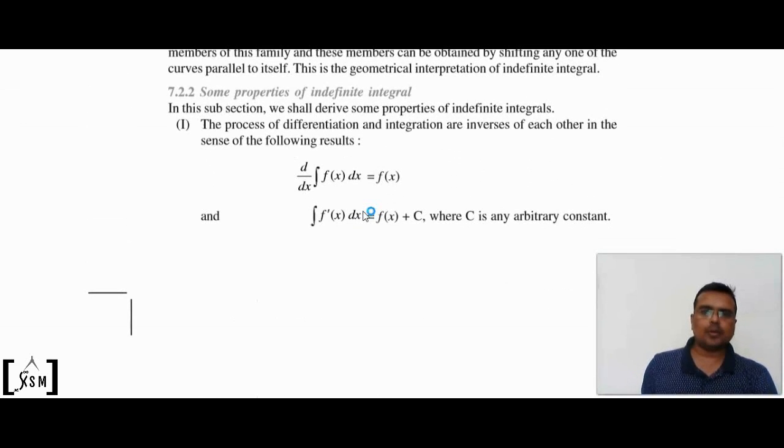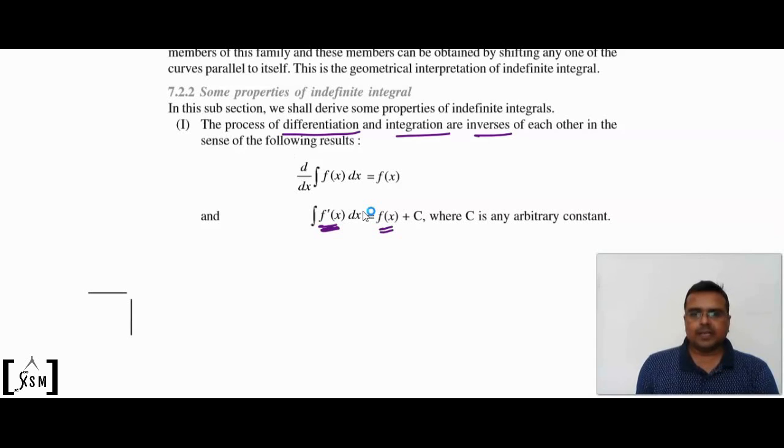Let's have a look at some properties of definite indefinite integrals. The first property says that the processes of differentiation and integration are inverses of each other. If a function is differentiated, this is the differentiated value, so when we integrate this, we'll get back to the function.